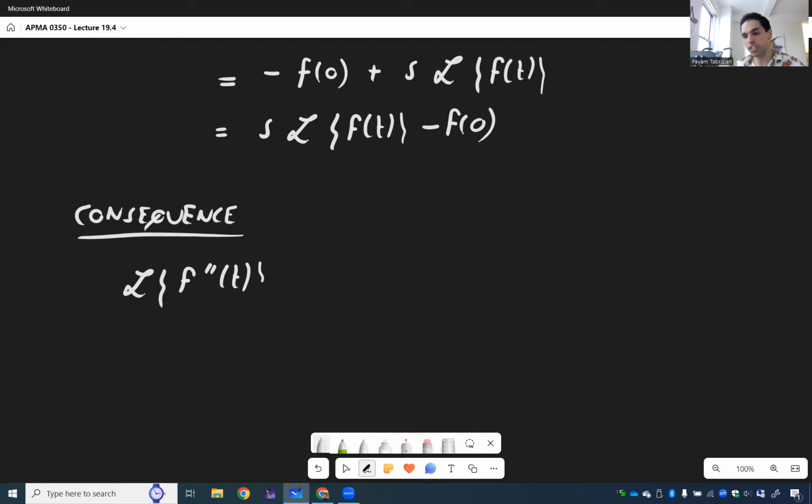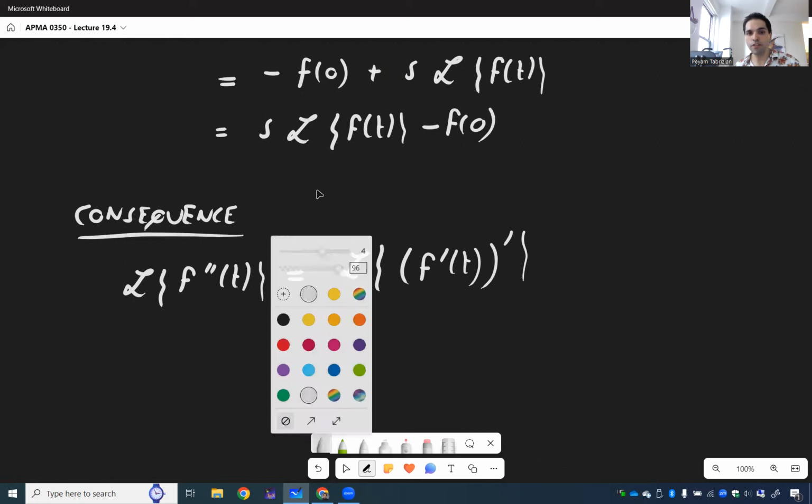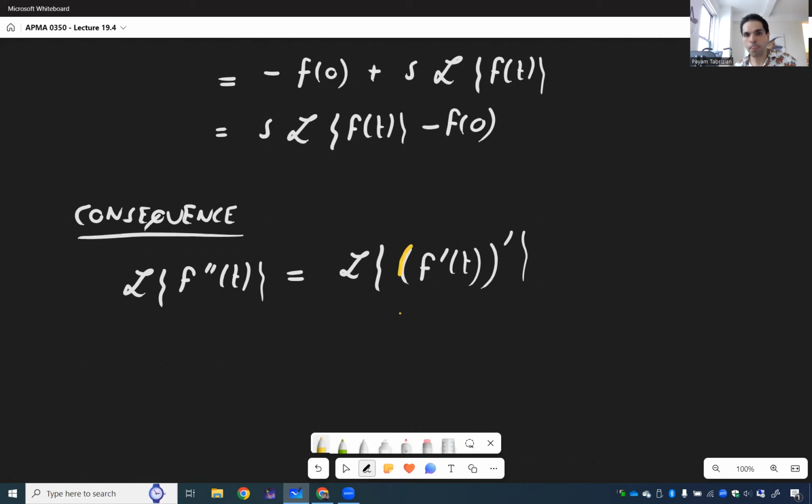But here it's much easier. We don't even need to integrate by parts. We can just use the formula above, because the second derivative of f is the derivative of the first derivative. So f double prime, and then you can just use the formula above that says it is s L of f prime of t minus f prime of 0.